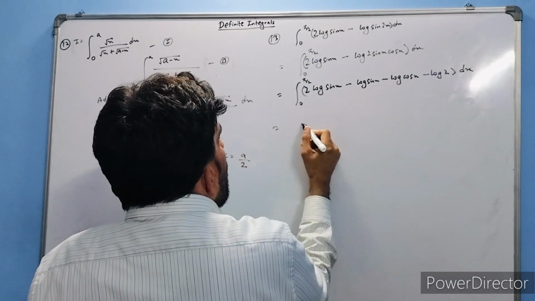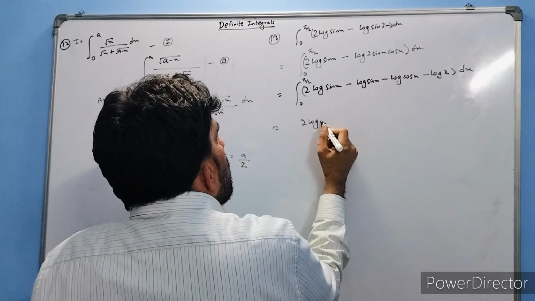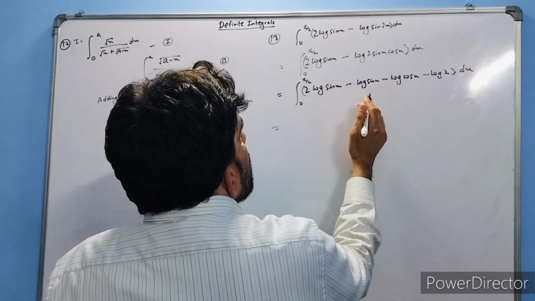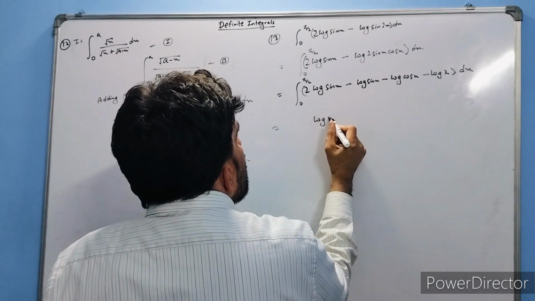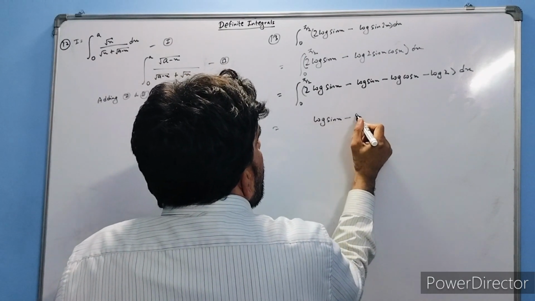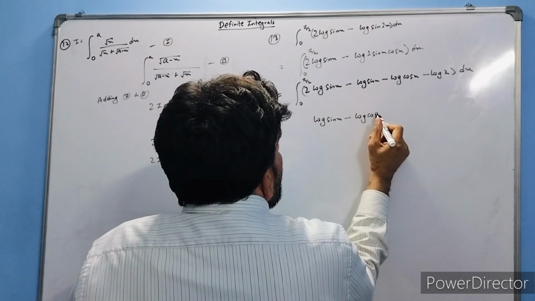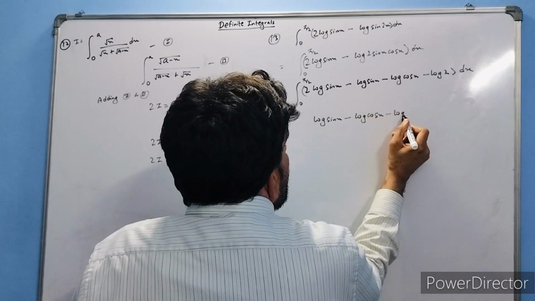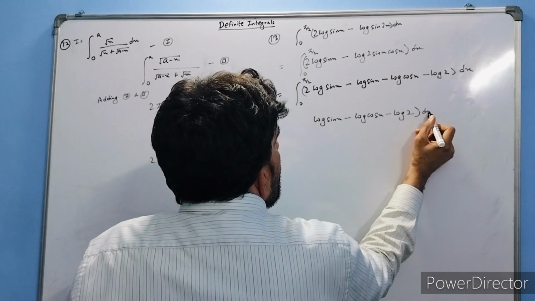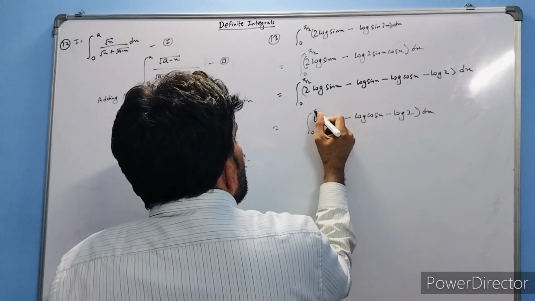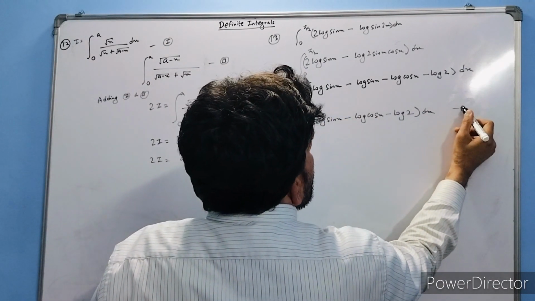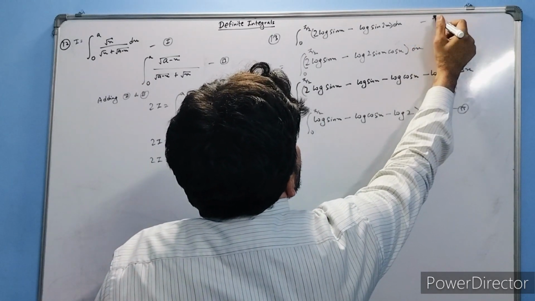Okay, so now what I got here, 2 log sin x minus log sin x, we'll have log sin x minus log cos x minus log 2, 0 to pi by 2. This is what I got as second, this is the first.